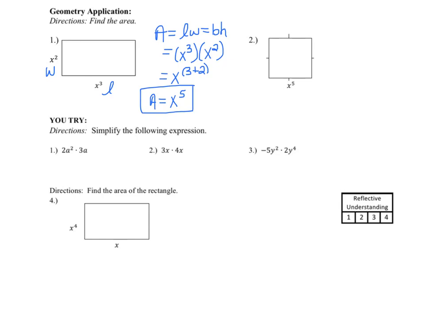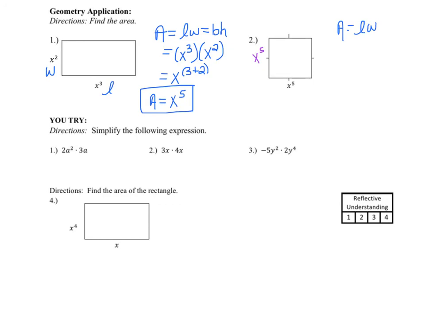Let's look at the next one, number 2. If you notice here, we have all dash marks. That means all sides are equal. Therefore, it is a square. So if one side is equal to x to the 5th power, the other side is also equal to x to the 5th power. Let's recall, how do you find the area of a square? Again, same formula. Area equals length times width.